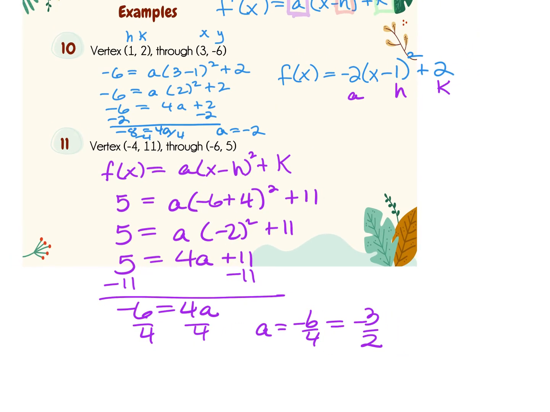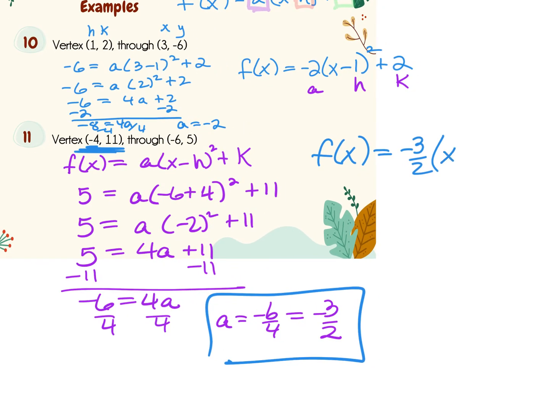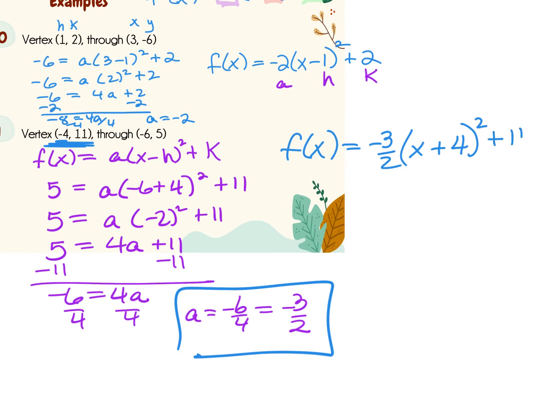So now I'm going to take my newly found a and then my original h and k and plug it back in. So f of x, put in your a value, leave the x, put in the h, and put in the k. And you're done.